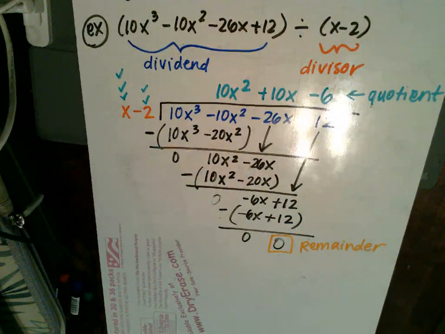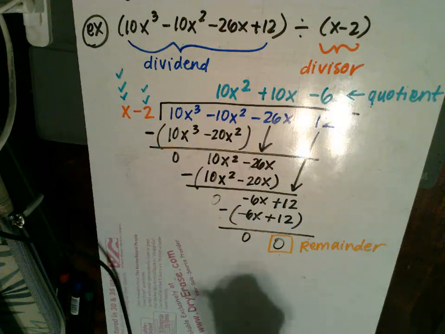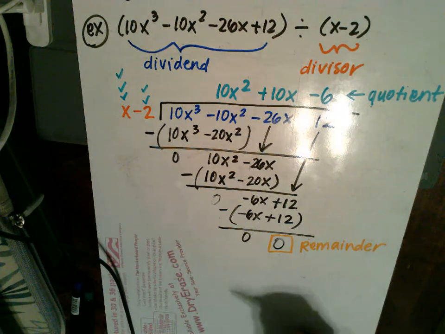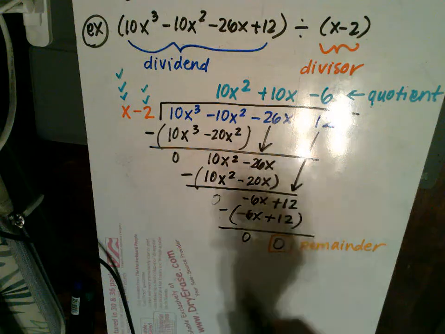So we say that the quotient times the divisor is equal to the dividend. Is basically what it is. We found a factor of the polynomial.